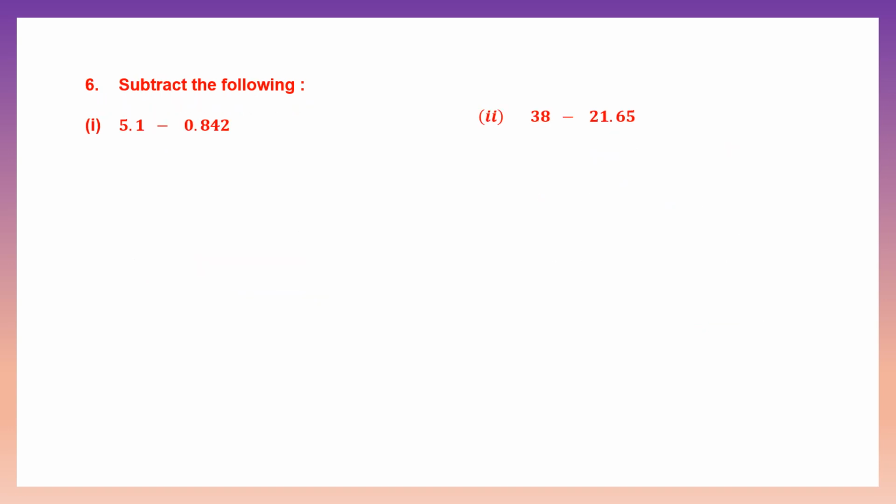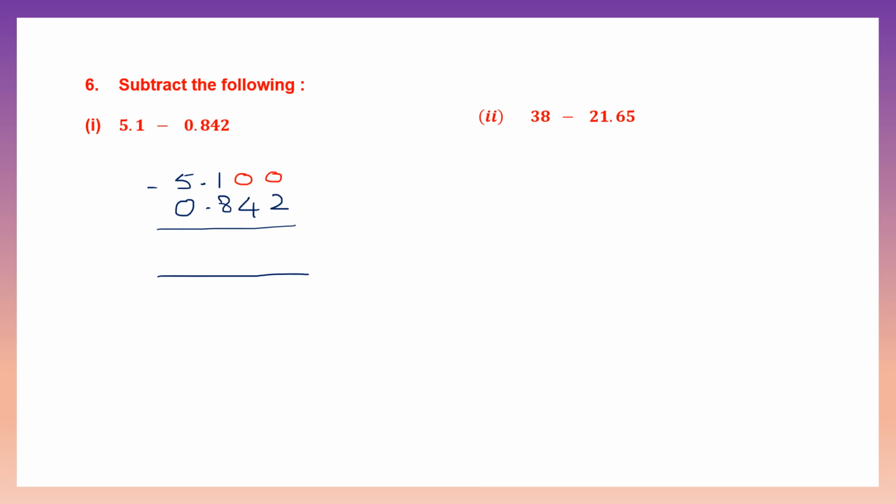Subtract the following. So similarly, just like addition, first step is arranging it. So we're going to arrange this properly. So that is 5.1, 5.1 and 0.842 minus. Now we have to make them like decimals. So 0 and 0. So now let's begin our subtraction.